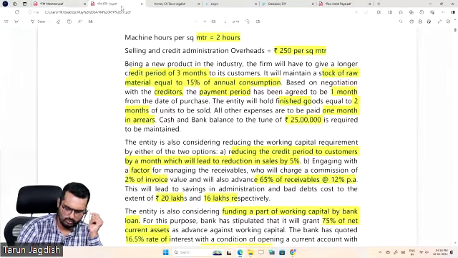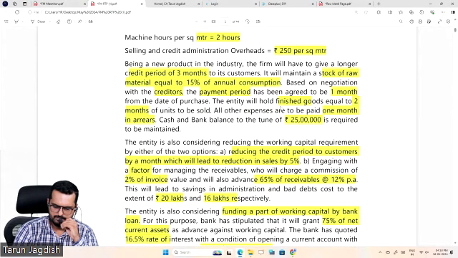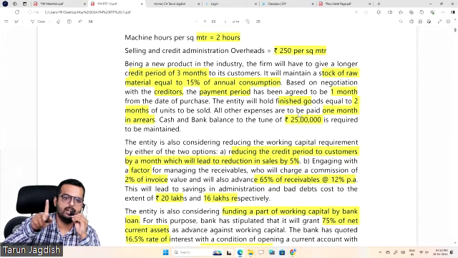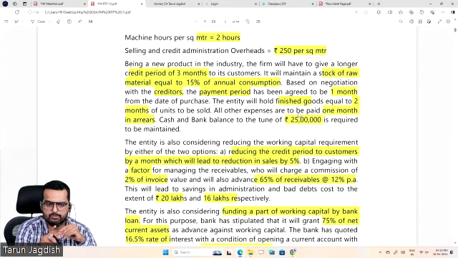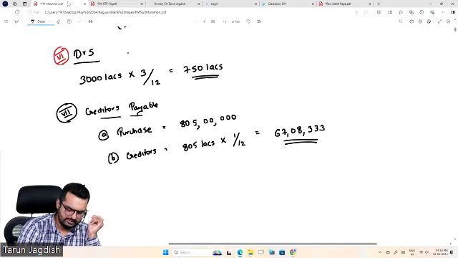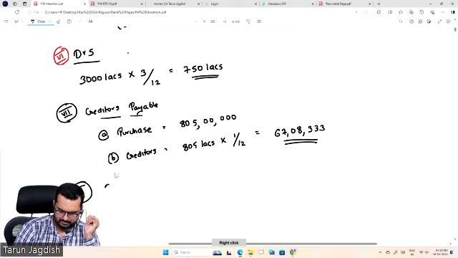What else have they told over here? Entity will hold finished goods. All the other expense are to be paid 1 month in arrears. All the other expense. Everyone tell me. Now we spoke about material. Apart from material, what are all the other expenses that they are talking about over here? 1 minute. I'll put other expense.